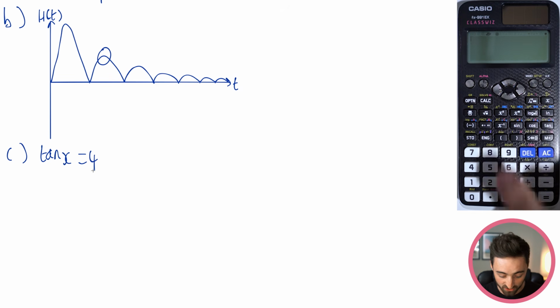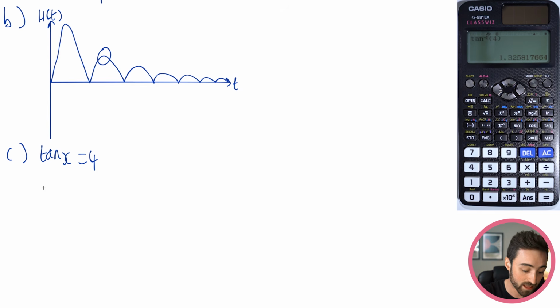So I'm going to get my calculator into radians now, and then I'm just going to go, right, inverse tan of 4. Inverse tan of 4 gets me 1.3258... But I need to be careful, don't I? Because remember, I'm looking for this. This is the second peak. My calculator is going to give me the first value of tan that satisfies this.